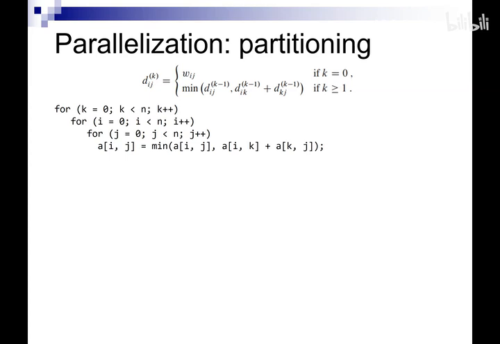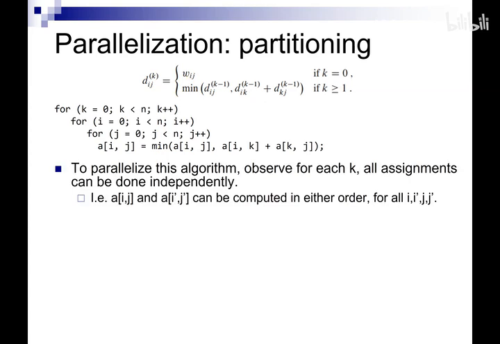Those are the second and third layers of the loop. For each i and j, we use this dp equation to compute these. Initially all of the aij's were initialized to wij. So for k equals 0 this is a correct formulation, and for larger k we're using this expression down here.